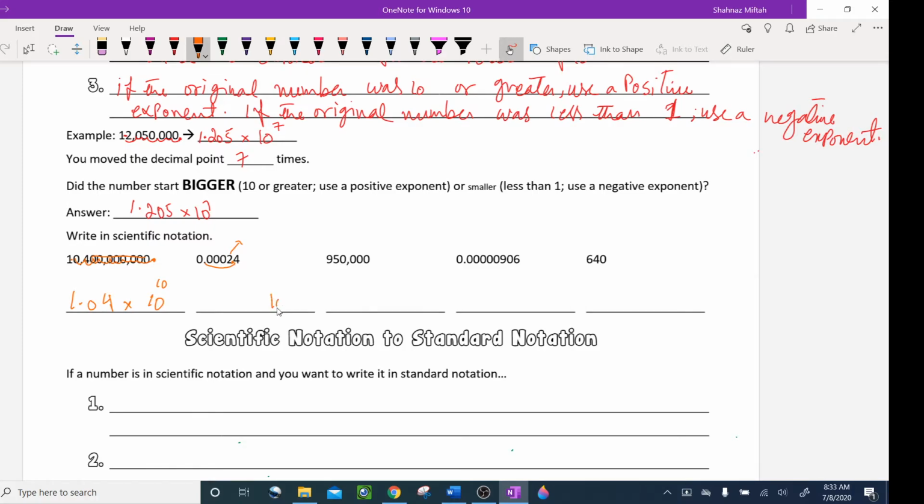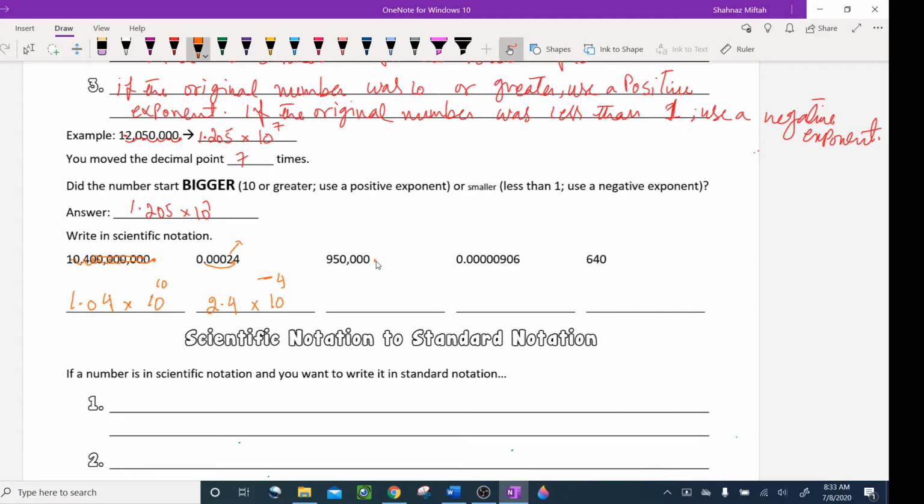I moved 4 times. And then my 2.4, and the ending zeros drop. But this number is less than 1, so use a negative exponent. So it's going to be negative 4.